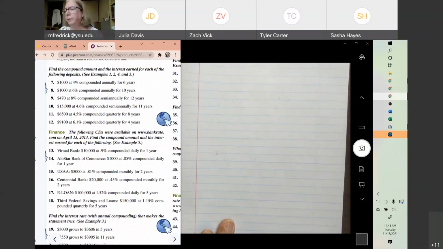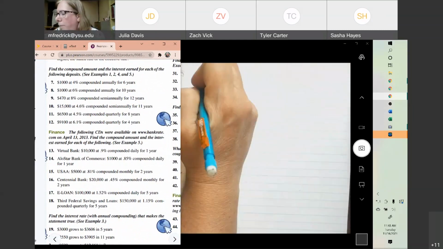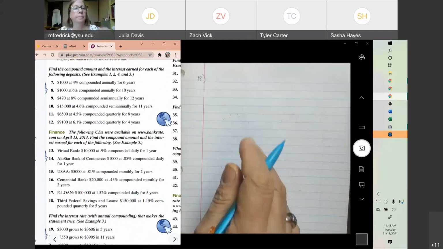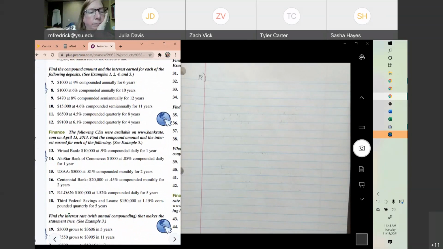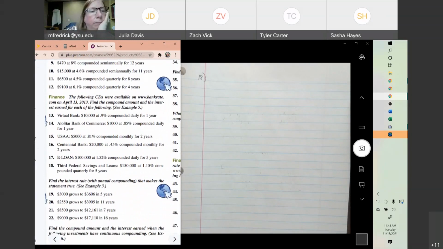Let's try number 18. The following CDs were available on bankrate.com on April 13th, 2013. Find the compound amount and the interest earned for each of the following. So compounded amount means the total amount you have at the end.